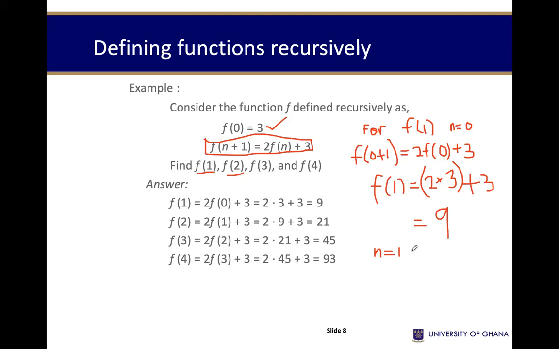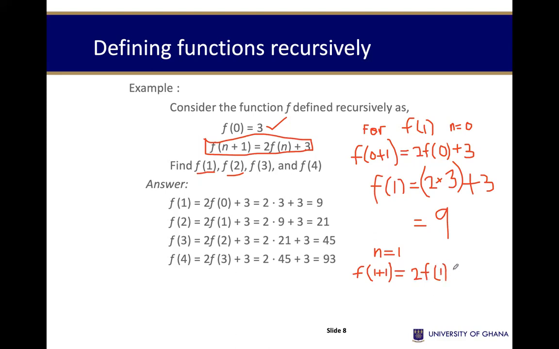So, coming back to this equation, I'm going to have f of n plus 1, and n is 1, so 1 plus 1, to be equal to 2 times f of 1 plus 3, because n is 1.